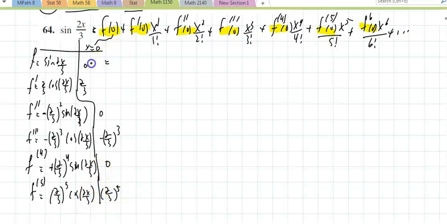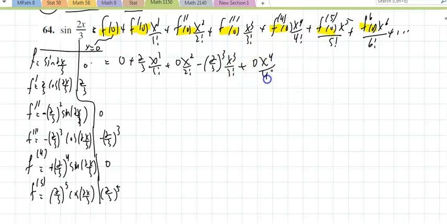That makes this a 0 plus 2/3 x to the 1 over 1 factorial plus 0 x squared over 2 factorial minus 2/3 cubed x to the third over 3 factorial plus 0 x to the fourth over 4 factorial plus 2/3 to the fifth x to the fifth over 5 factorial, and the list goes on.